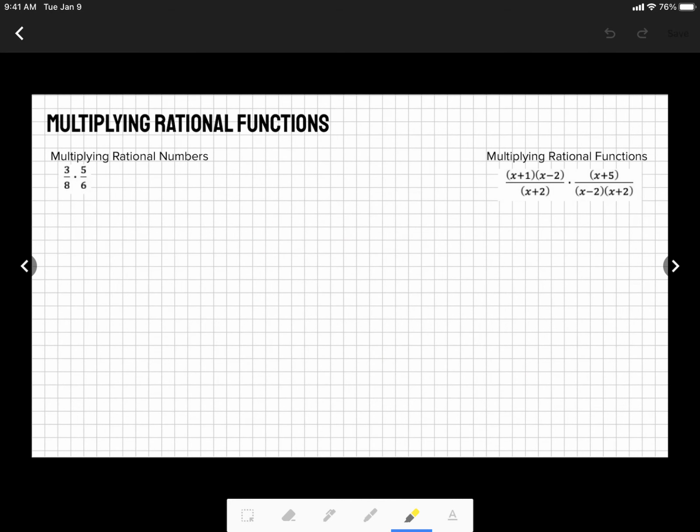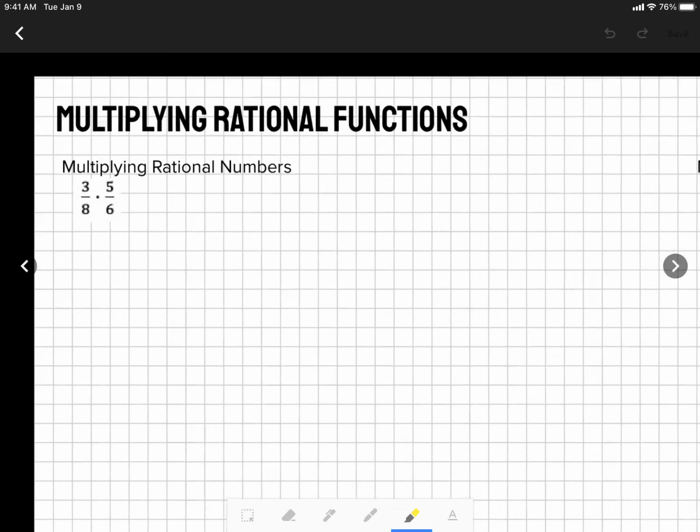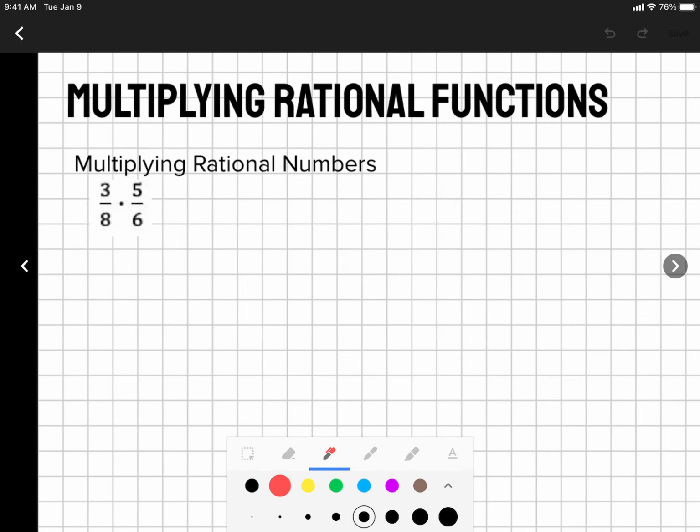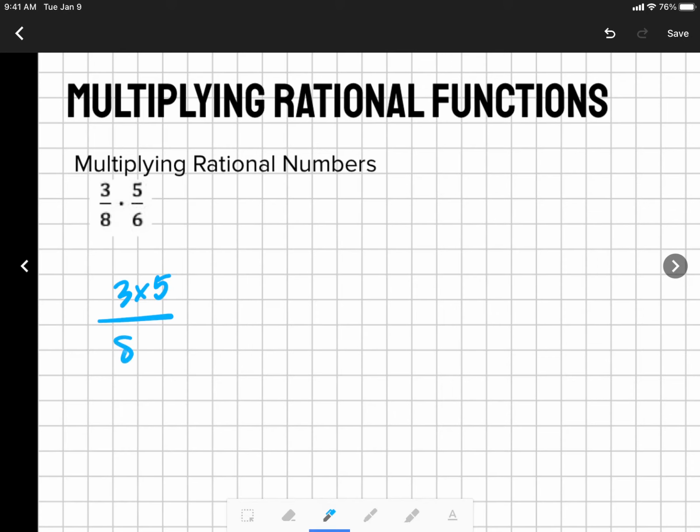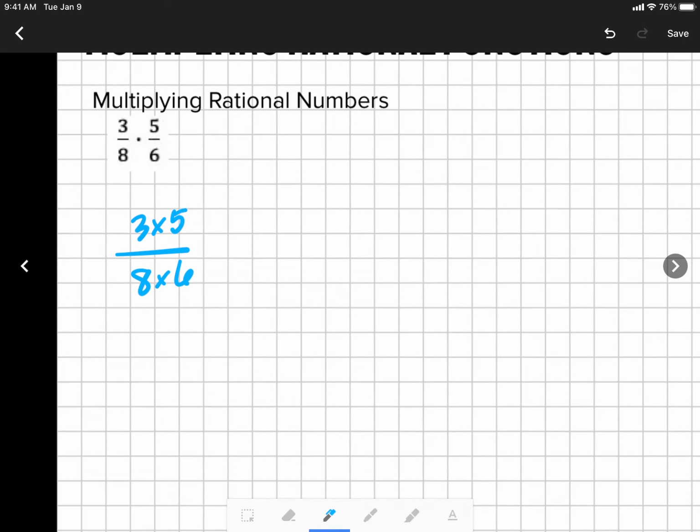Okay, let's try our multiplication. So I'm skipping the subtraction and let's go straight to multiplication. If I'm going to multiply these rational numbers right here, I could just multiply straight across the numerator, right? I could just say, well, 3 times 5 over 8 times 6, that's 15 over 48.